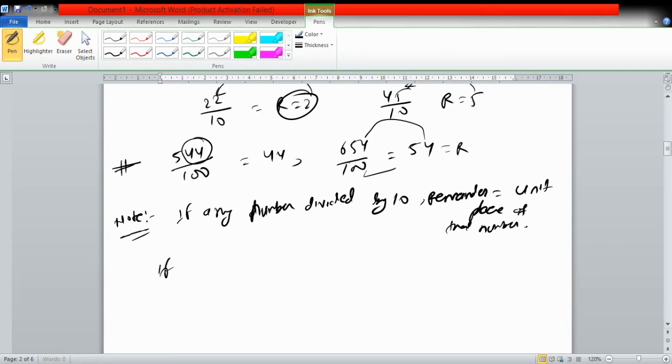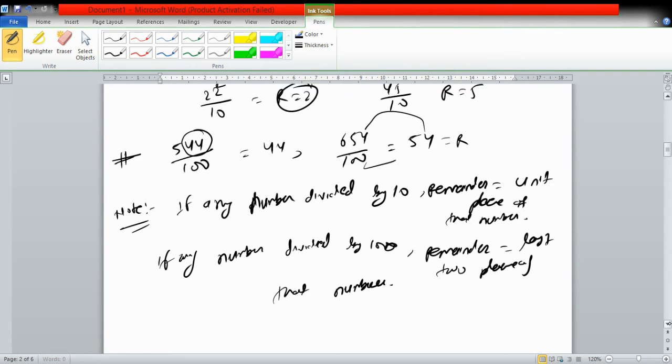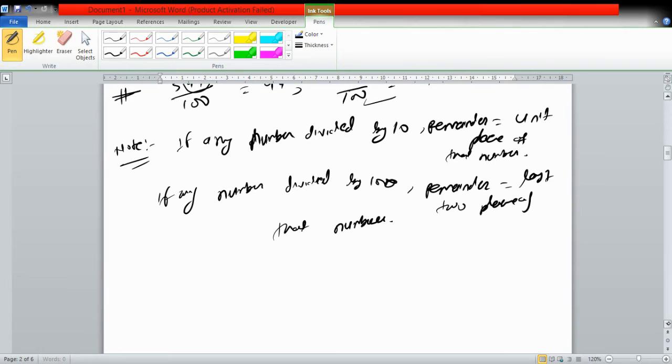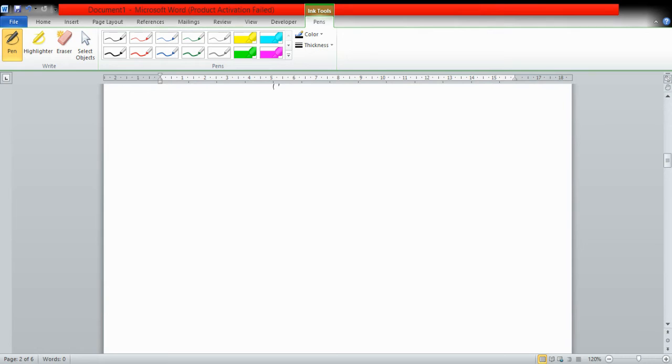Similarly, if any number is divided by 100, then the remainder obtained is the last two places of that number. And if you want to find out the last digit, divide by 10, or if you want to find out the last two digits, divide by 100.